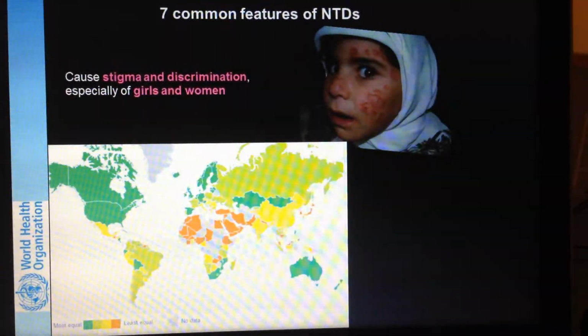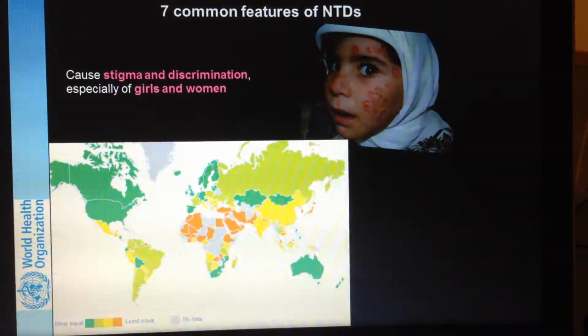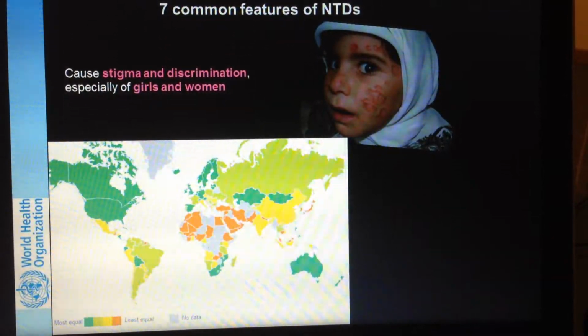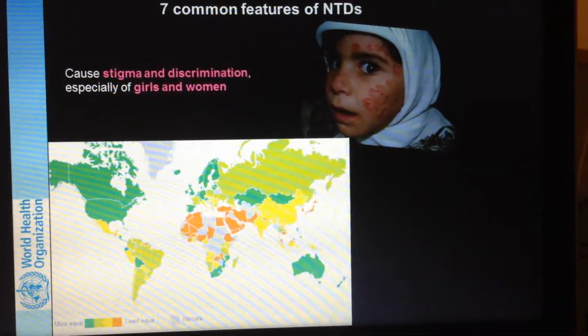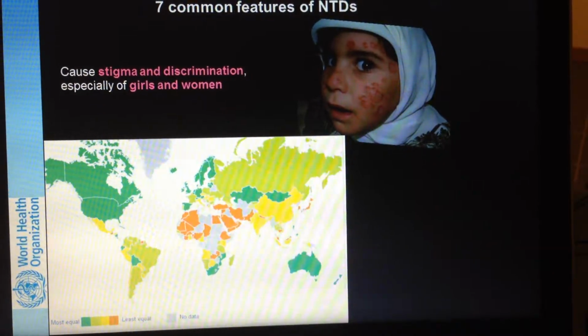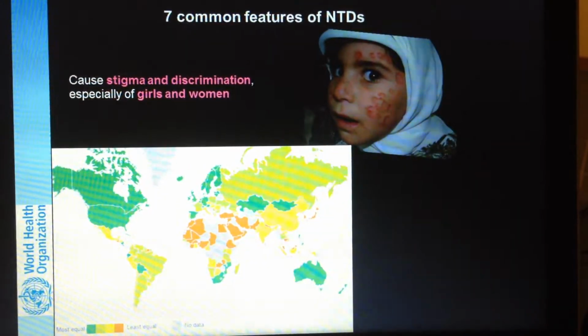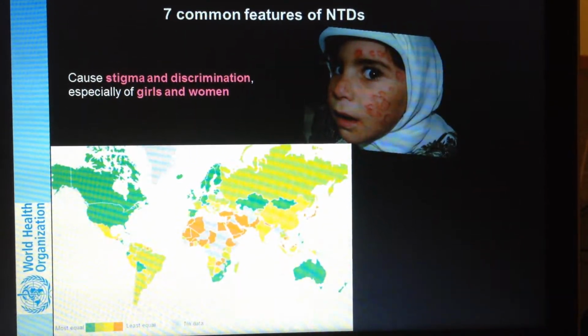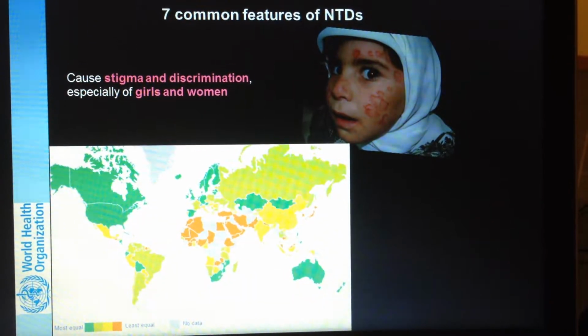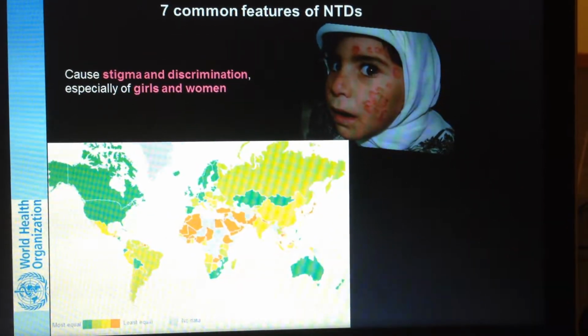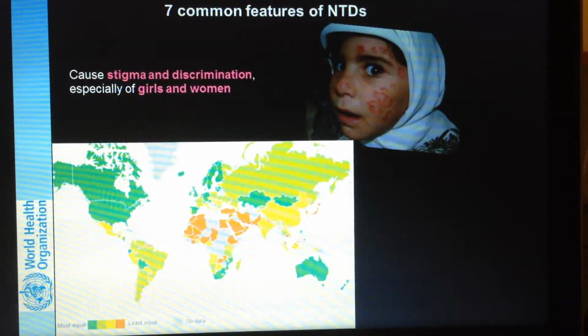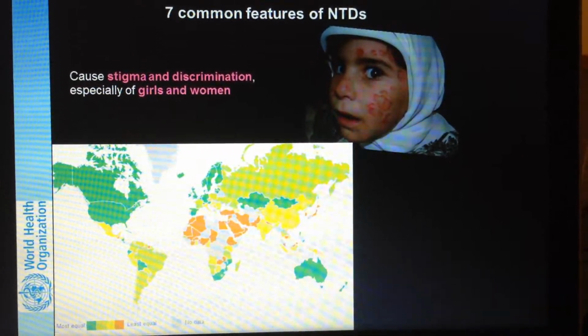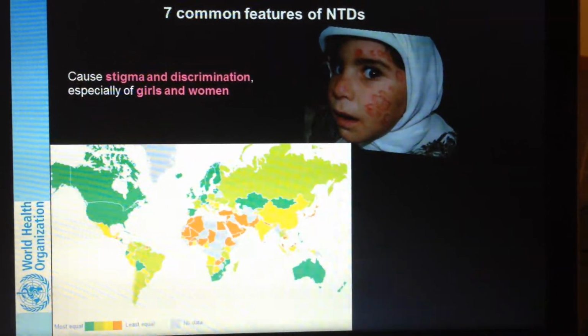Another important feature of NTDs is that they cause stigma and discrimination, especially of girls and women. Here you see a child from Syria, a young lady affected by cutaneous leishmaniasis. And in the map, you can see the representation of the gender gap.